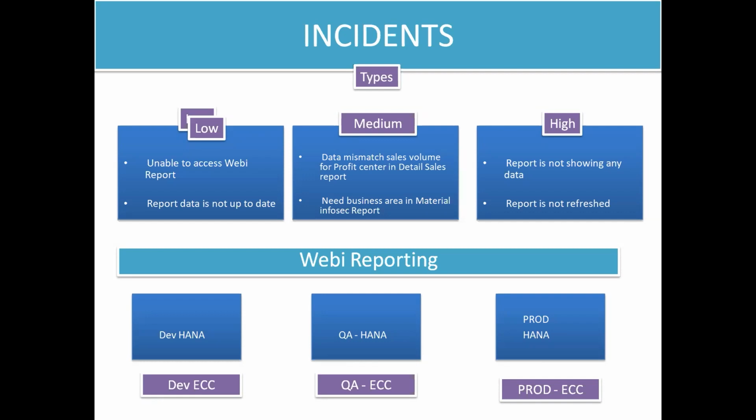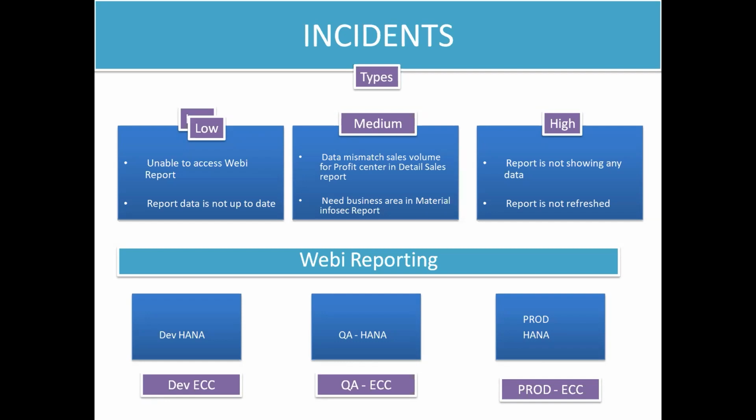Then we take a screenshot with the functional team and get that information. The functional team will provide the SAP transaction information, where that particular sales volume is coming from.